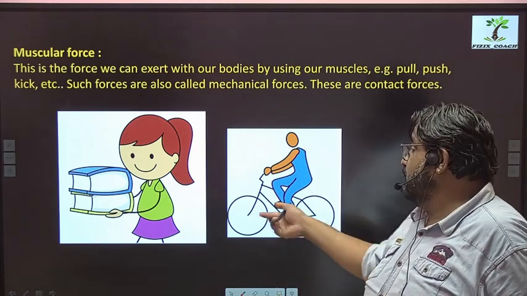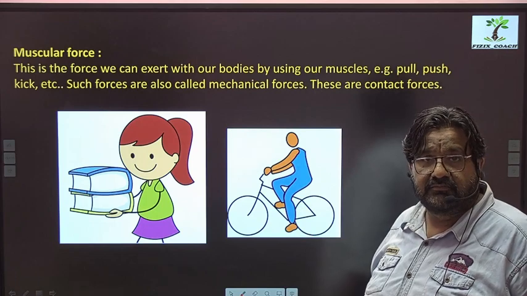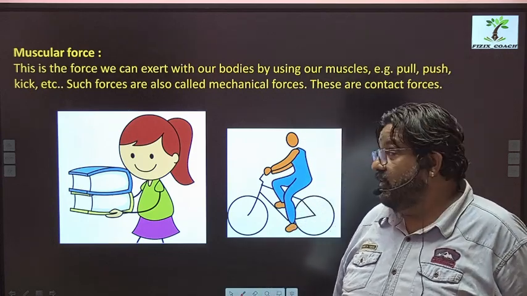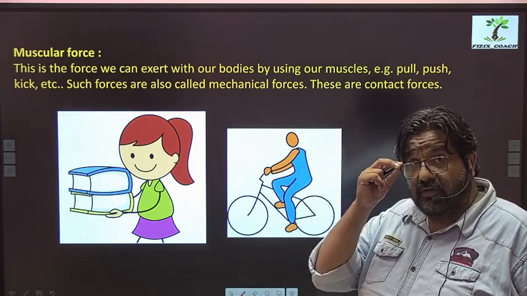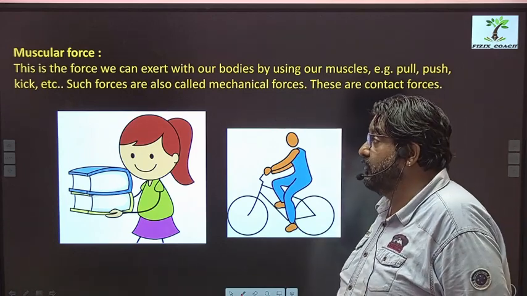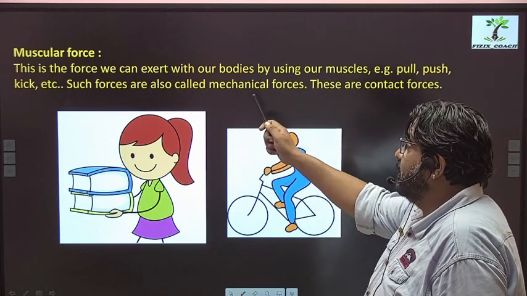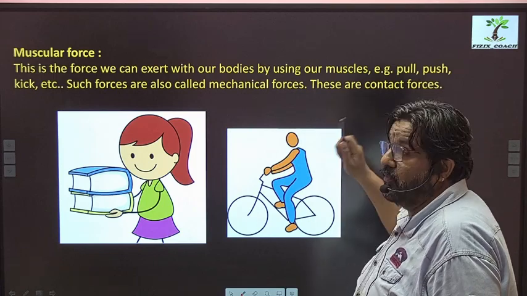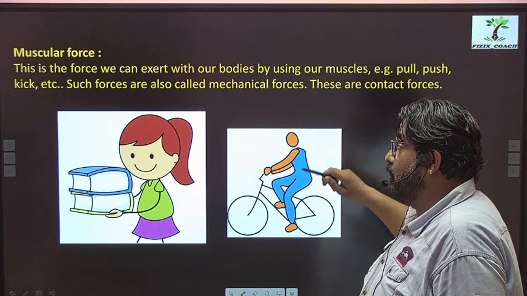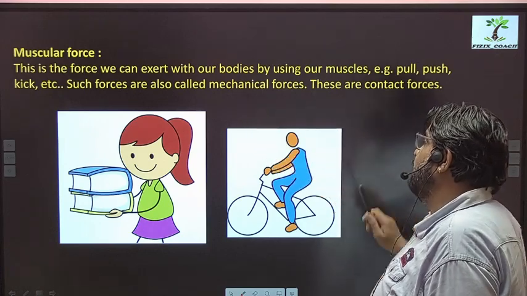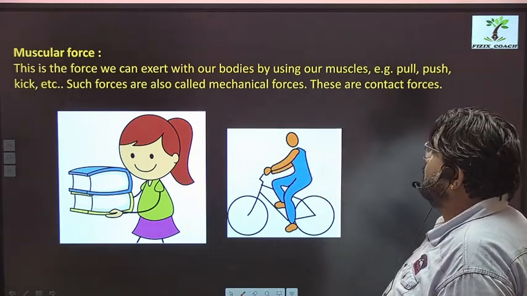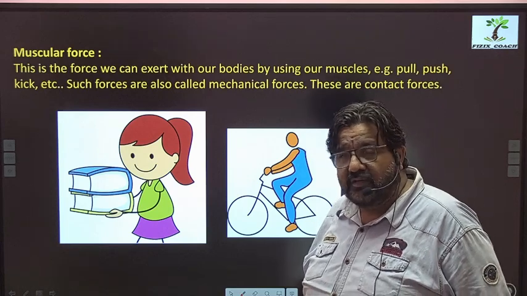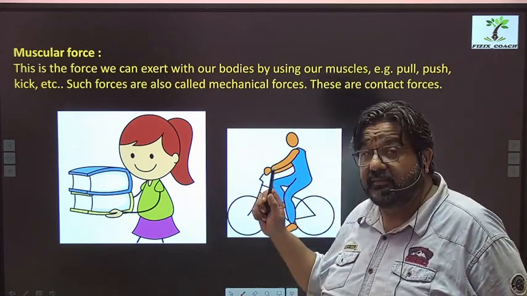You cannot do cycling without sitting on the cycle, and you cannot lift the books without touching them. So muscular force is the third type of contact force. This is the force we can exert with our bodies by using muscles. For example, we can pull, push, or kick someone. Such forces are mechanical forces, and these are also called muscular force.